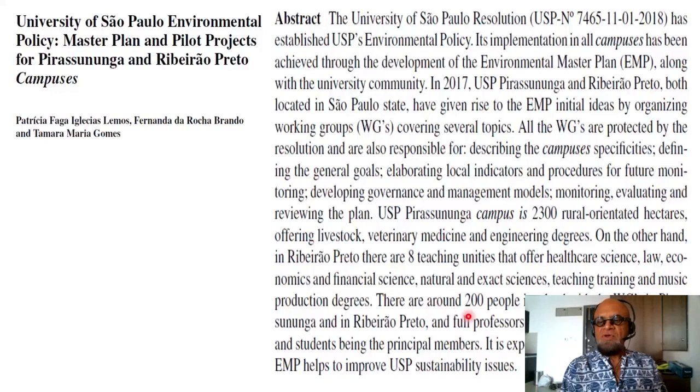There are around 200 people involved in the working groups in Pirassununga and in Ribeirão Preto, with full professors, executive technicians, employees and students being the principal members. So students are a part of the working group as well as technician employees. It's expected that the development of the EMP helps to improve USP sustainability issues.